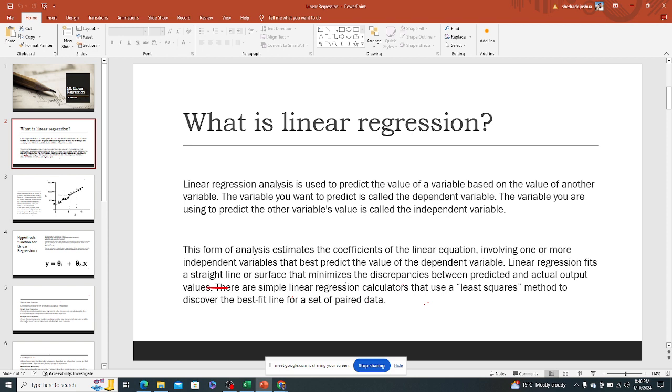For simple linear regression, we are discussing one predictor variable and one dependent variable. When we are talking about multiple linear regression, we are talking about one dependent variable, but more than one independent variable.